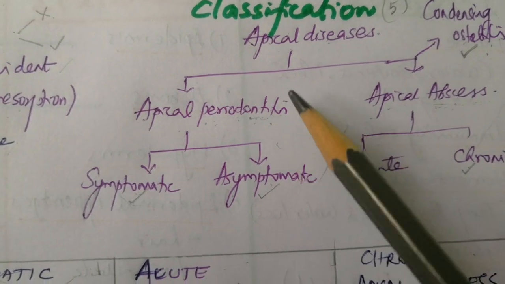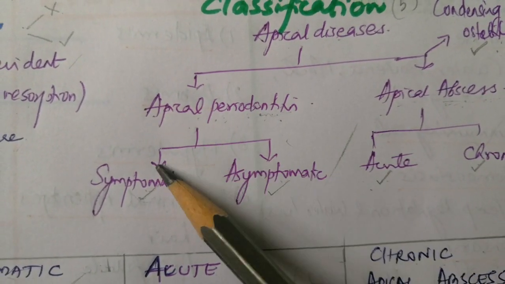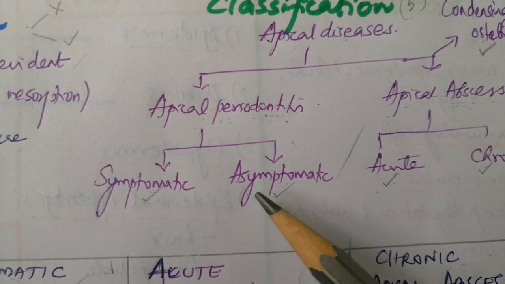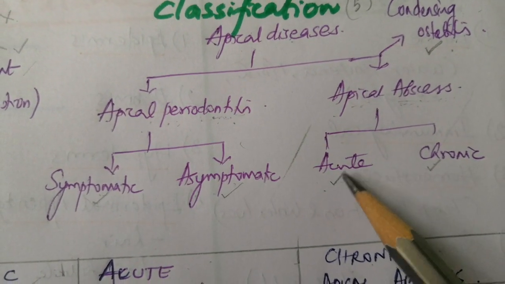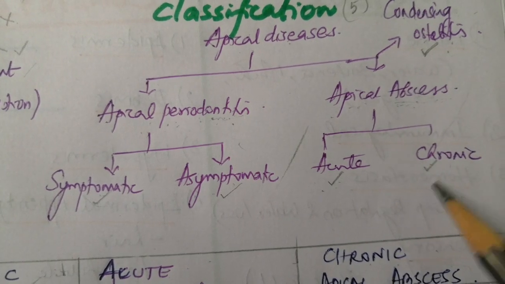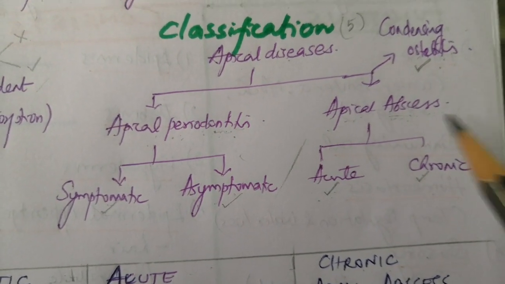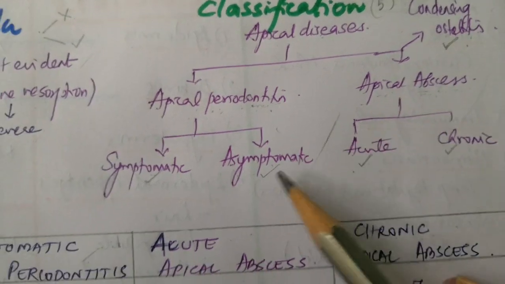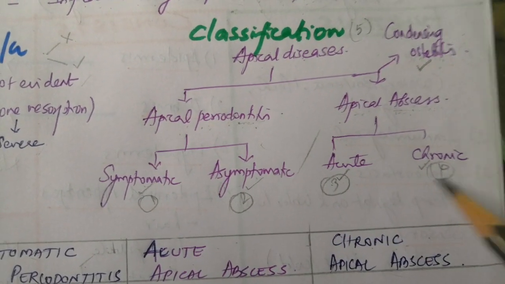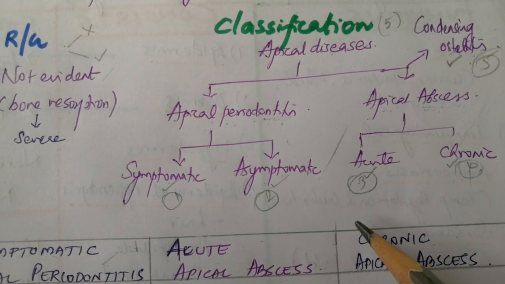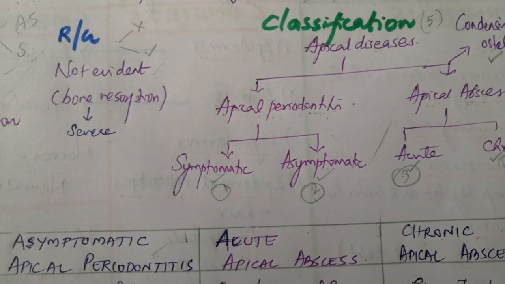Apical periodontitis is further classified into symptomatic and asymptomatic. An apical abscess is classified into acute, with sudden onset, or chronic, a long-term infection. Totally 5 types of apical diseases are there. One by one we will see in detail.